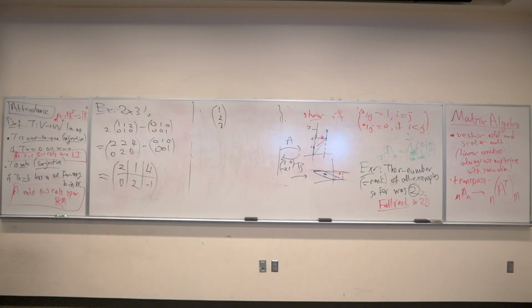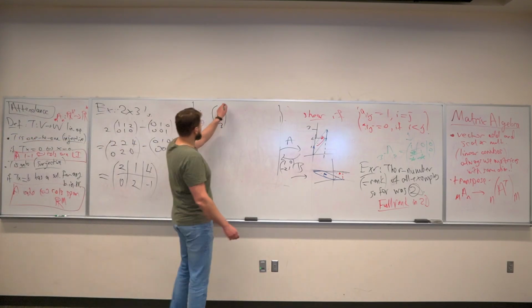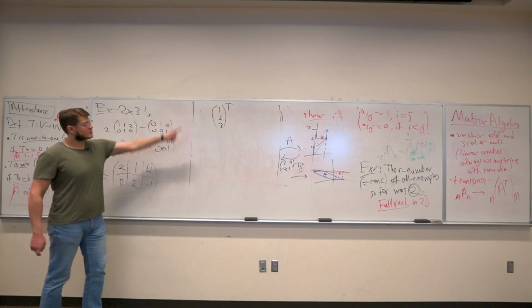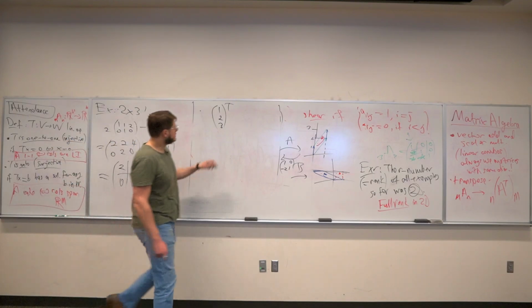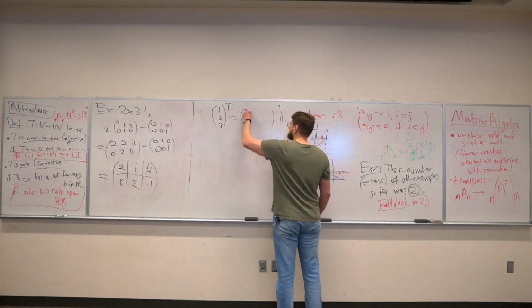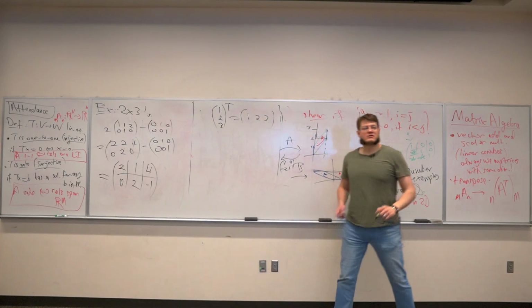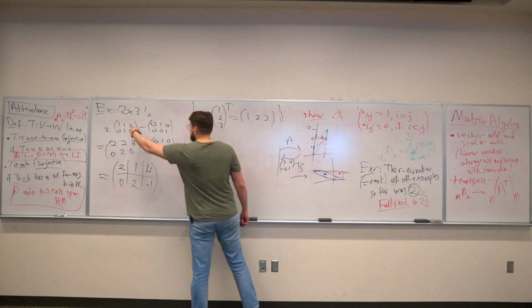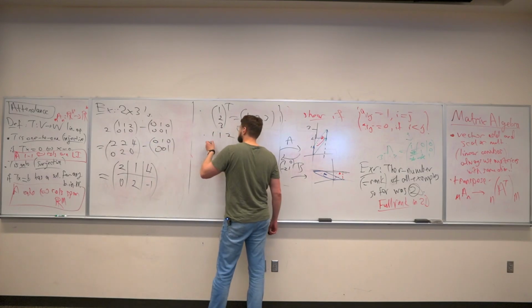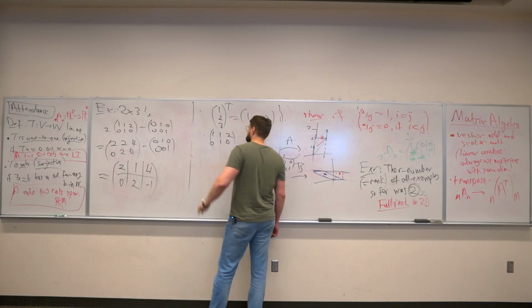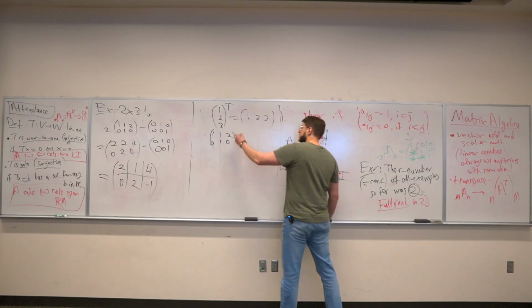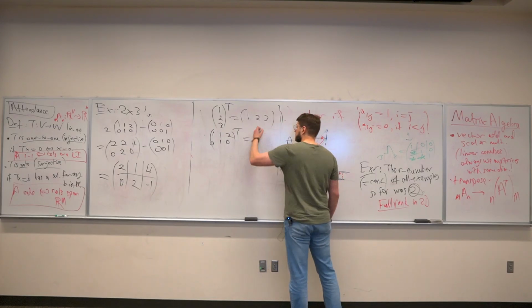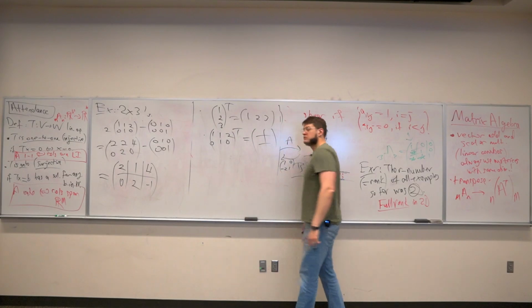I told you writing this as a column is different than writing it as a row. When I take the transpose, rows become columns and columns become rows. Three rows, now I have three columns. Like this, you flip. If I had this guy, this is 2 by 3. If I transpose, it's going to be 3 by 2.